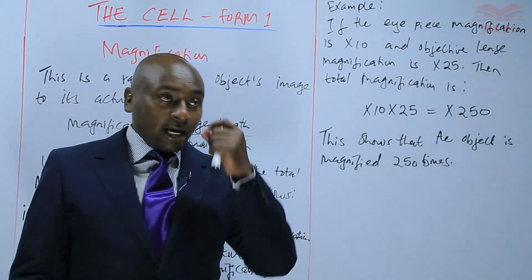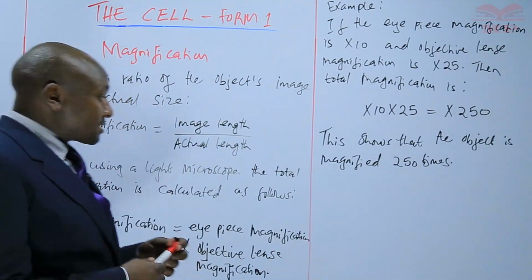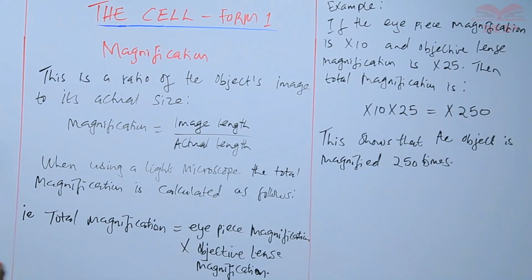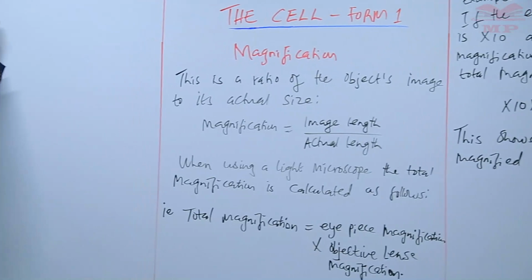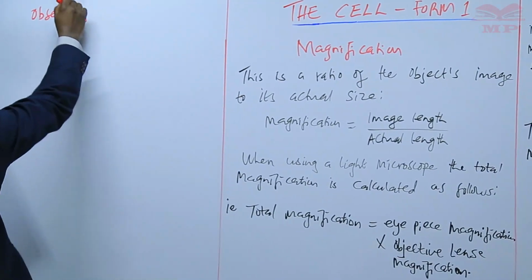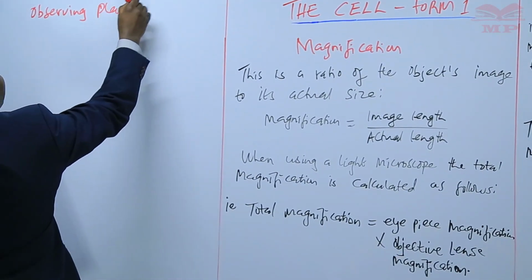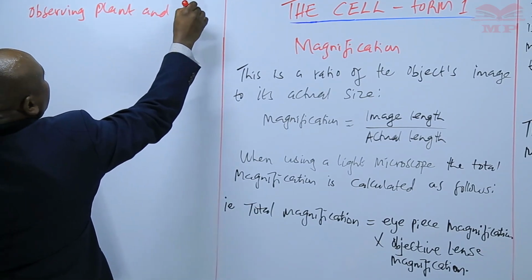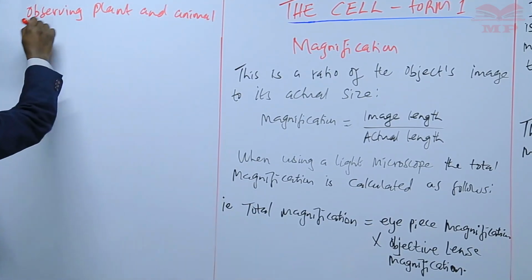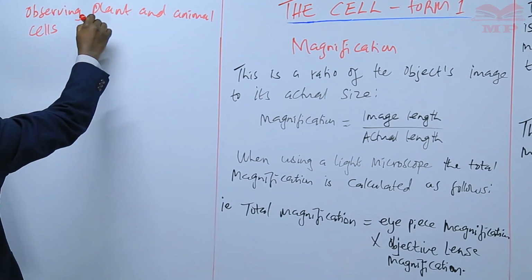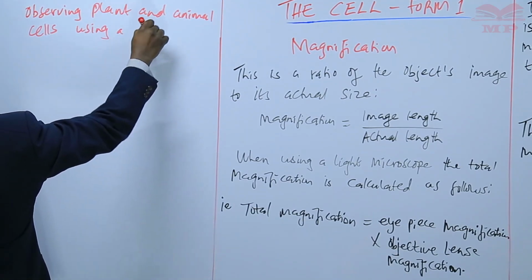Now, the other thing I want us to discuss is observation of cells, observing plant and animal cells using a light microscope.